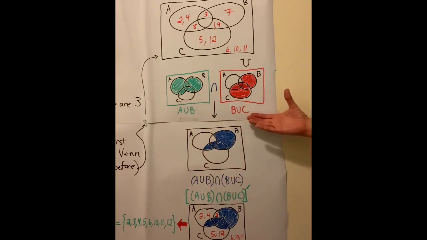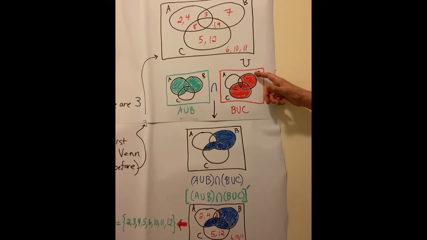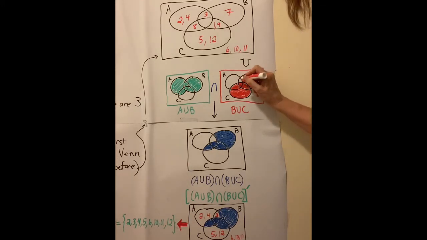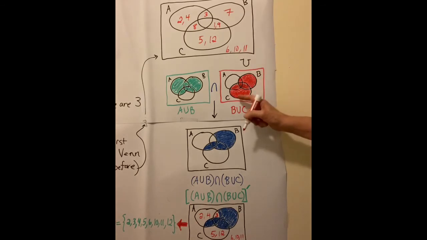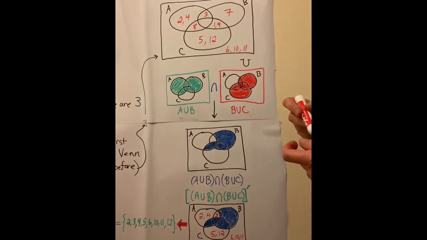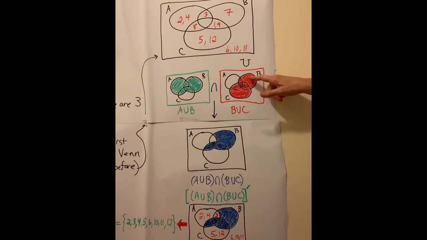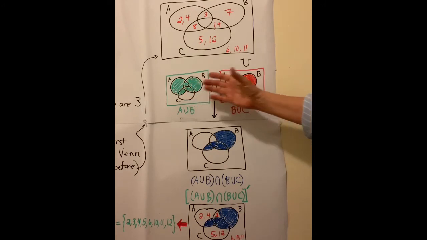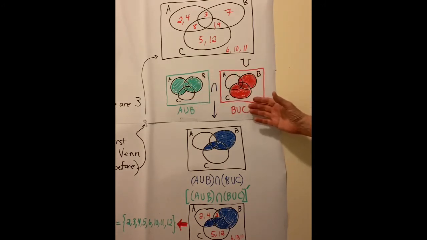And B union C, what is it? It's everything in either B or C. Your book would call this regions 2, 3, 4, 5, 6, and 7. That's B union C. Now, what is in the intersection of these two sets?